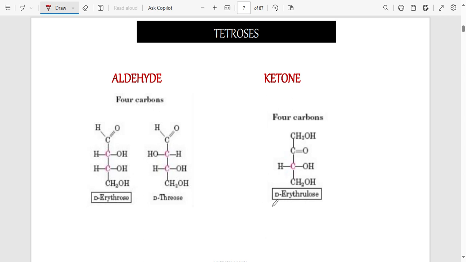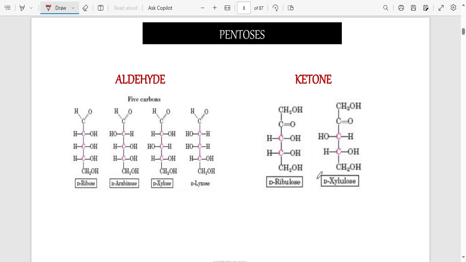You need to know because they can ask you to identify which one is an aldehyde and which one is a ketone. Another aldehyde that has 4 carbons is threose. Don't think of three and then say no, it has 3 carbons. That's threose, not meaning it has 3 carbons. Okay, so that is on the tetroses.